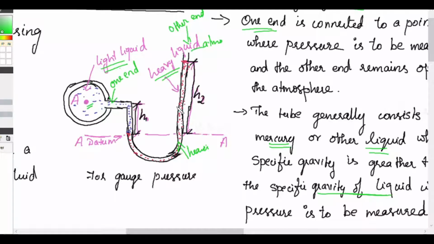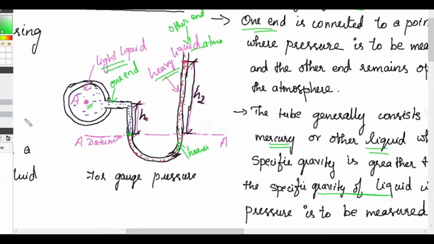Now here we have two liquids, so we will have two heads, h1 and h2. There is a place where these two liquids get separated, and this point will be taken as your reference line.